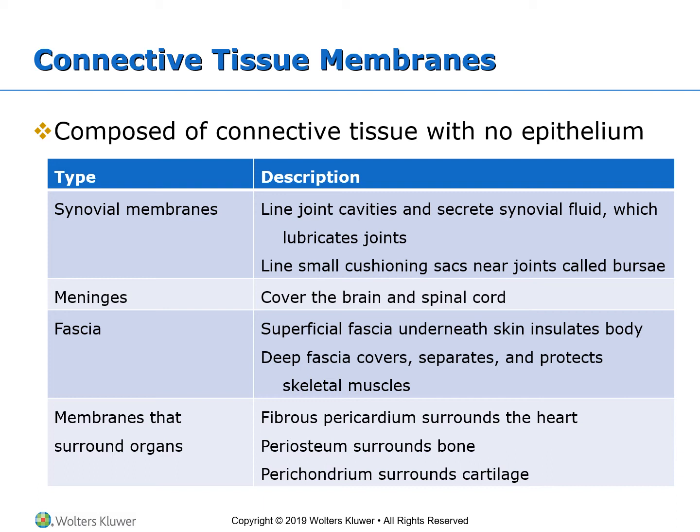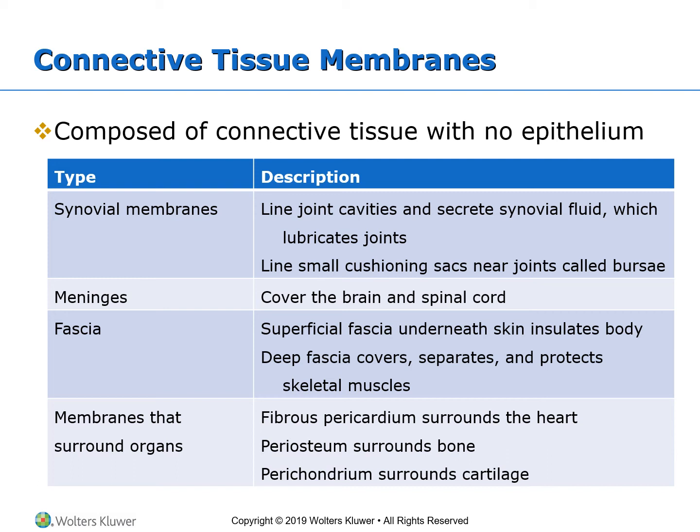And we have what is called the deep fascia that covers, separates and protects the skeletal muscle. This is that pearlish white thick layer you see whenever you're cooking stew and buying the meat, that usually you clean out before cooking because it's impossible to chew. It's very, very tough. And that's your deep fascia.